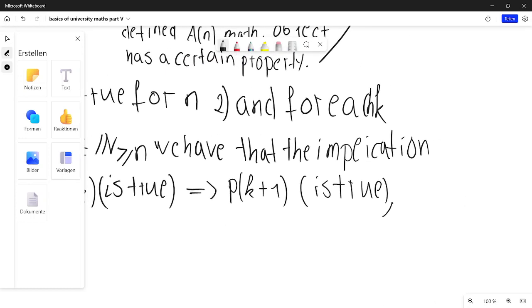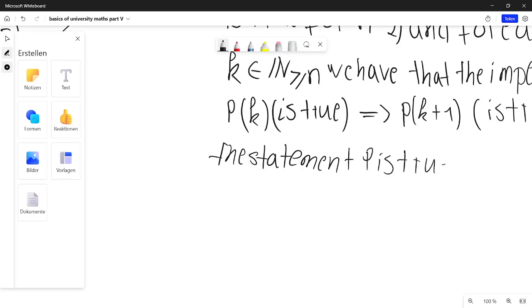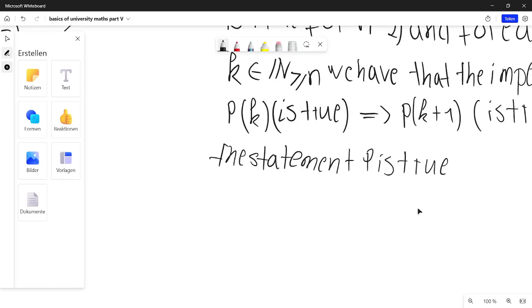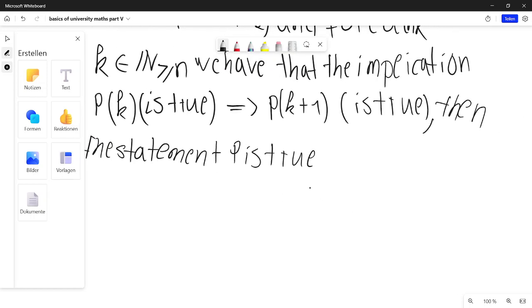Then what is actually the axiom? What holds then? Then the statement P is true for all natural numbers, of course, after n, because before n it need not even be applicable.